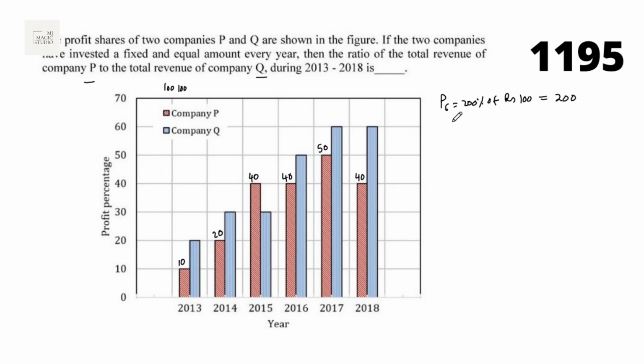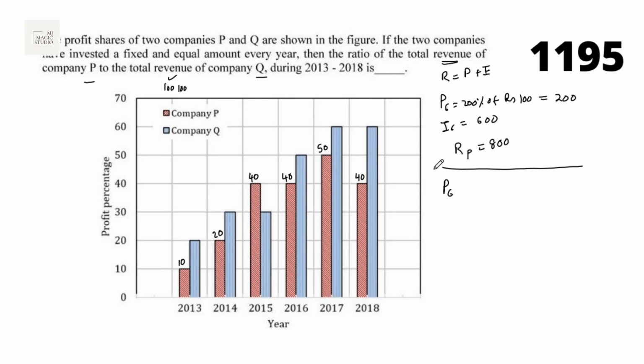That is the profit. And we need the revenue. We know that revenue is equal to profit plus investment or profit plus expenses. So expenses or investment in the 6 years, 1, 2, 3, 4, 5, 6, is 600 if we are assuming it as 100. So revenue of company P over the period of 6 years is 600 plus 200, that is 800.